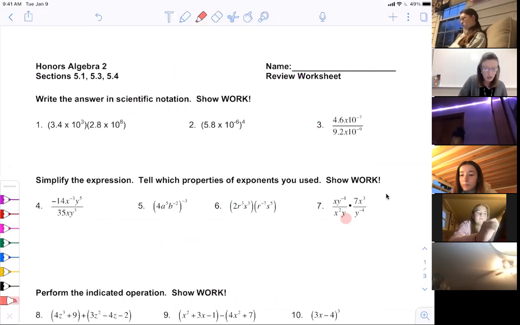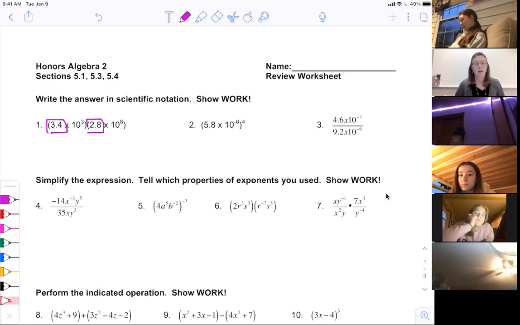So you can see the first questions up here are a review of scientific notation. When you're looking at scientific notation, in example number 1, you're going to multiply the numbers together, and then remember you add the exponents.